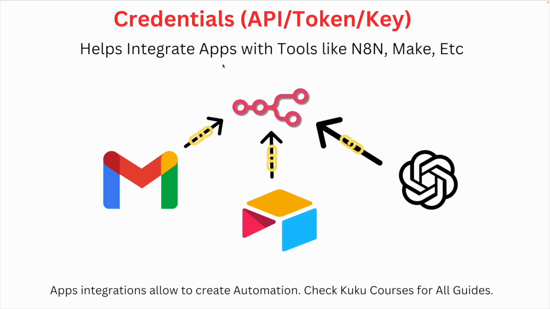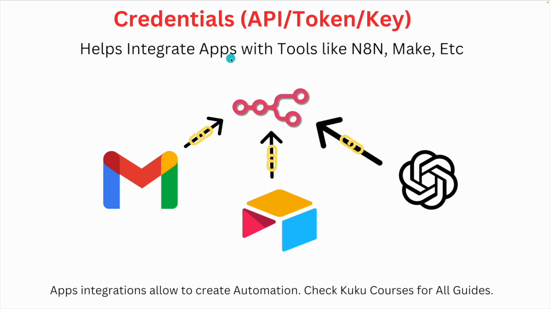When we want to create any AI agent or build some sort of automation, all these apps work together with N8N. N8N allows you to use different apps so that you can do automation and create AI agents.